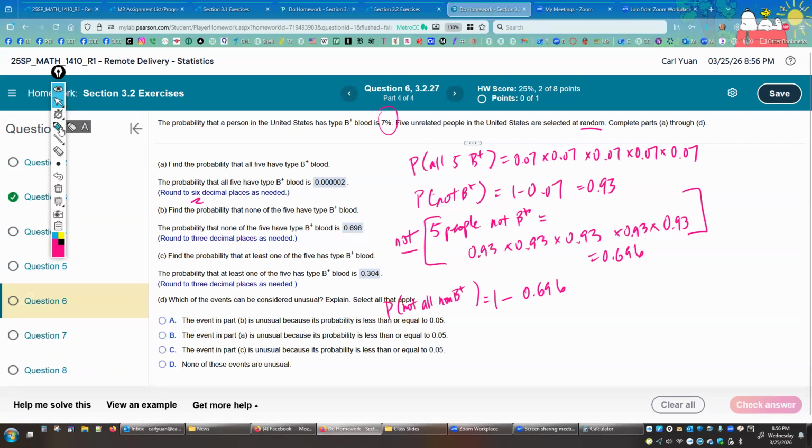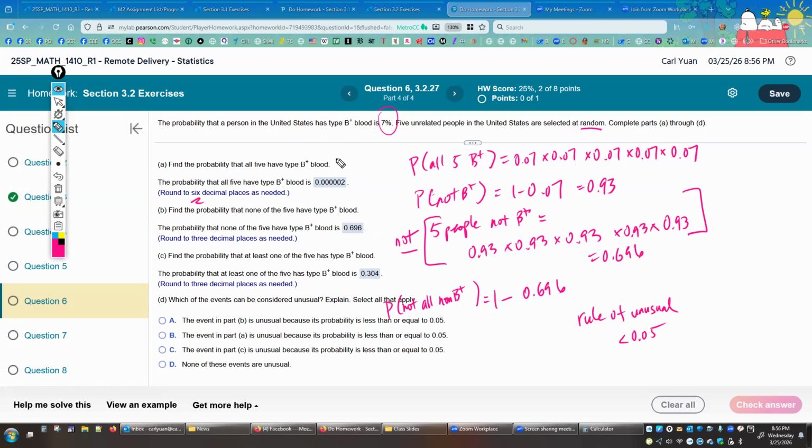Lastly, which of the events can be considered unusual? Look at all the different numbers. The unusual ones, once again, the rule of unusual is less than 0.05.